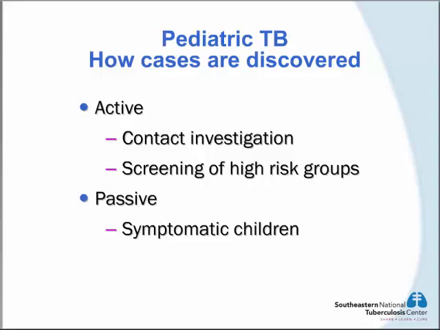Passive means that the patients are symptomatic, present to the hospital or to the doctors, and then they are diagnosed with TB because of their symptoms. Obviously, ideally, we would recognize and discover these cases by contact investigation and screening, because these patients are not that symptomatic. They may have no symptoms or may have very mild symptoms.